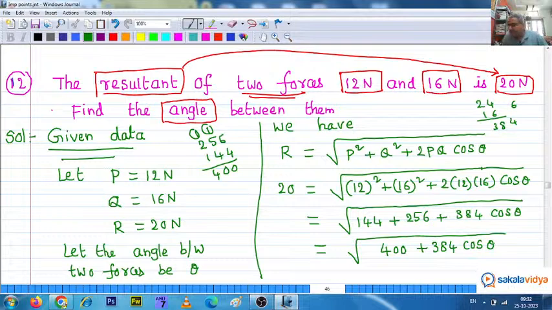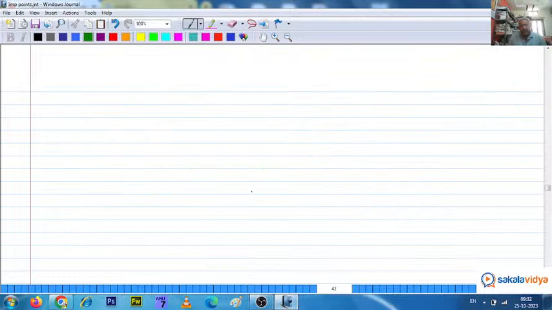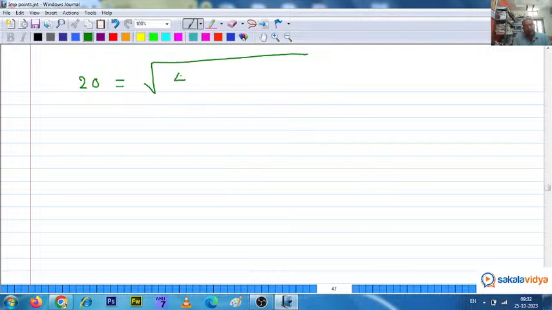Okay, let us move to the next page. Now we have 20 equals the square root of 400 plus 384 cos theta.